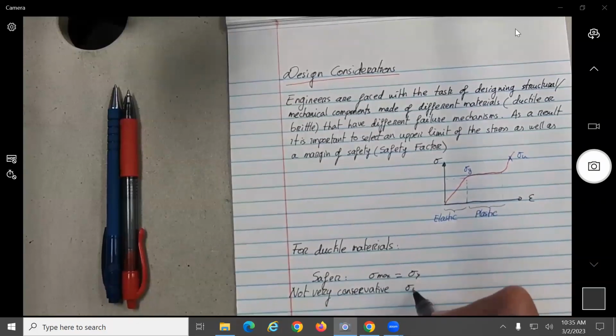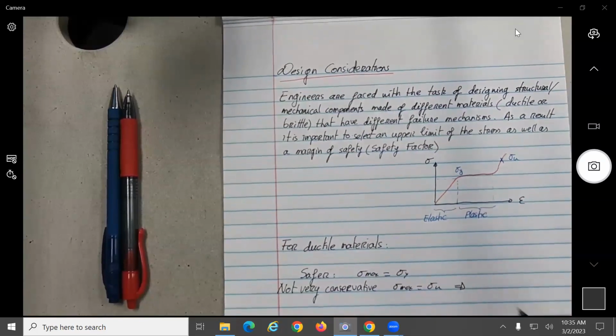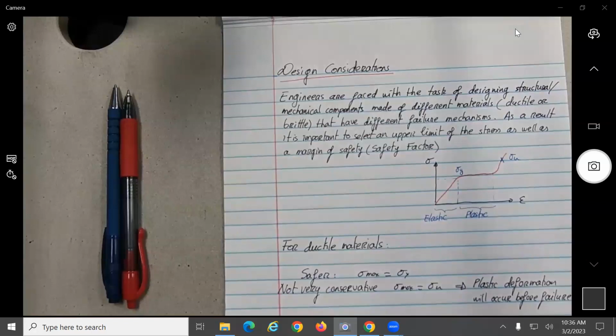If you assume that the maximum stress is going to be the ultimate stress, what are you assuming? Is what I just said. Some plastic deformation will occur before failure, no?